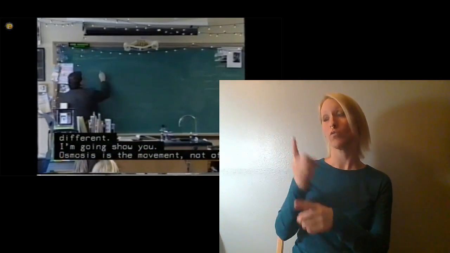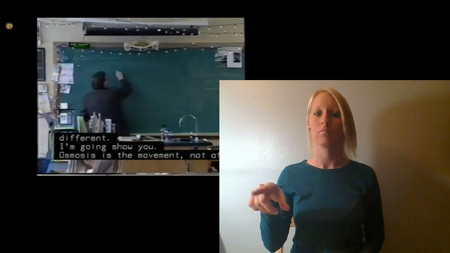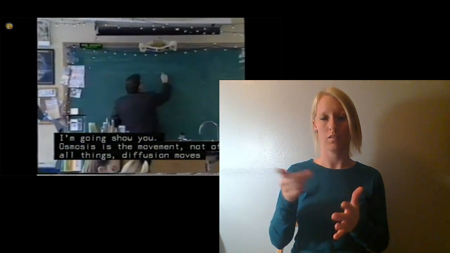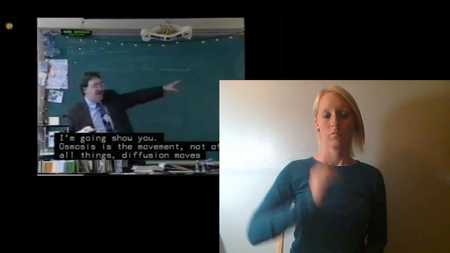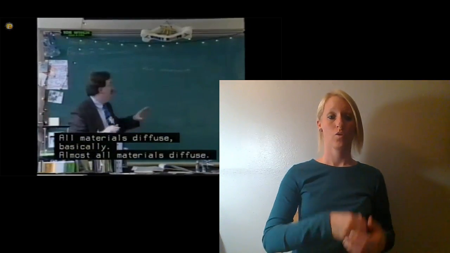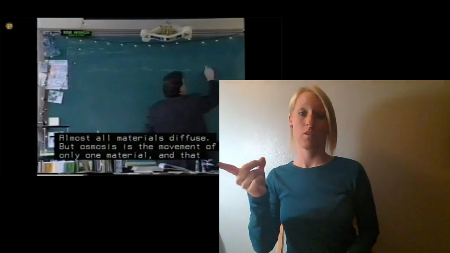Osmosis is the movement, not of all things. Diffusion moves everything. Almost all materials diffuse. But osmosis is the movement of only one material, and that material is water.